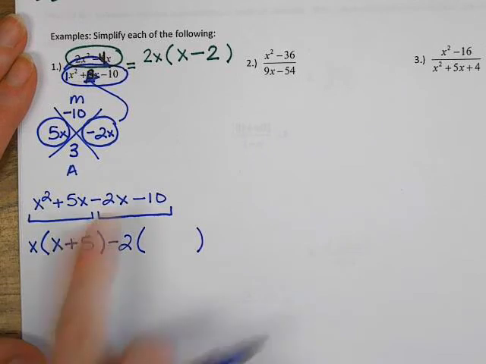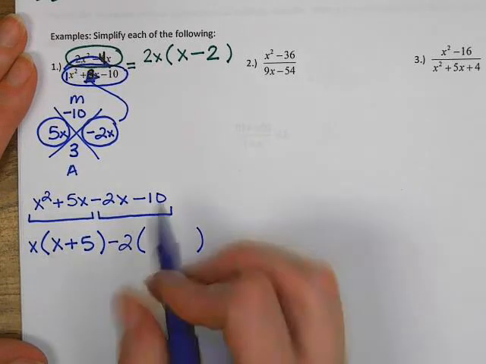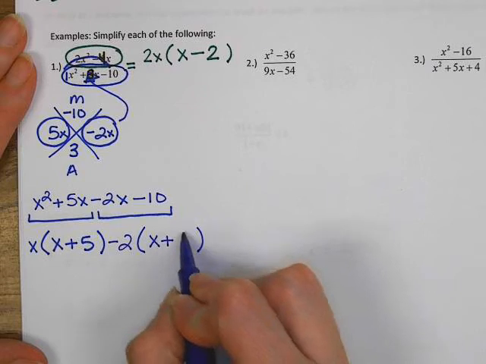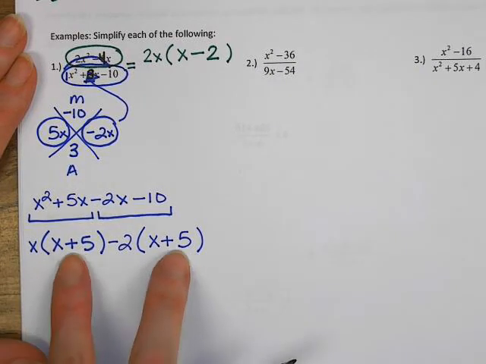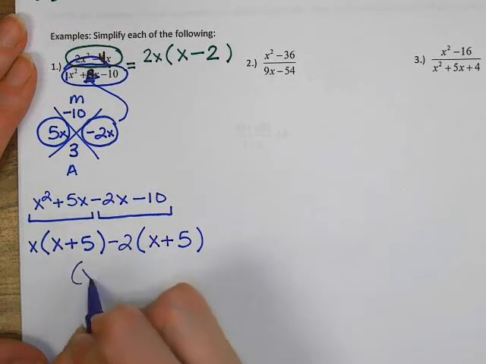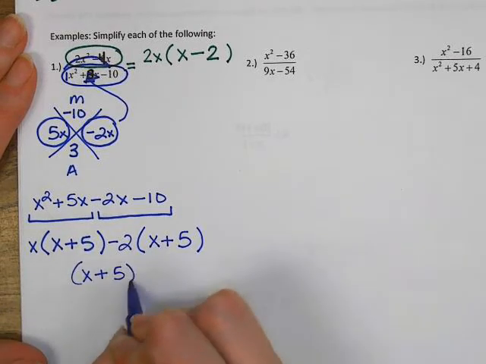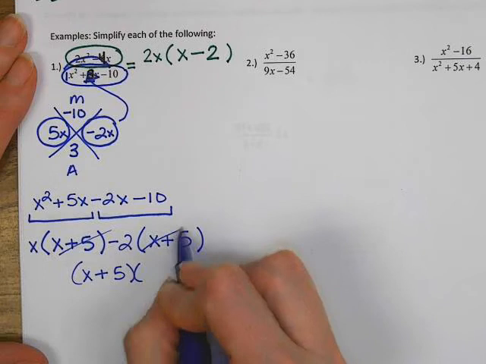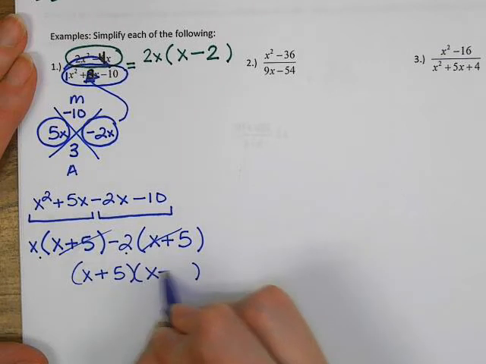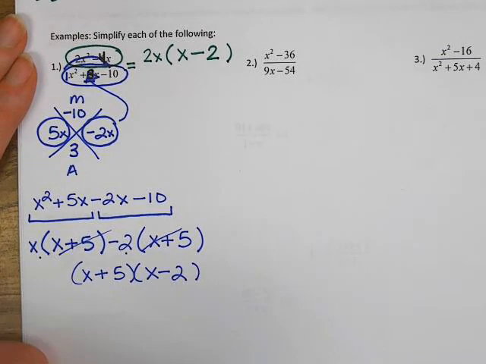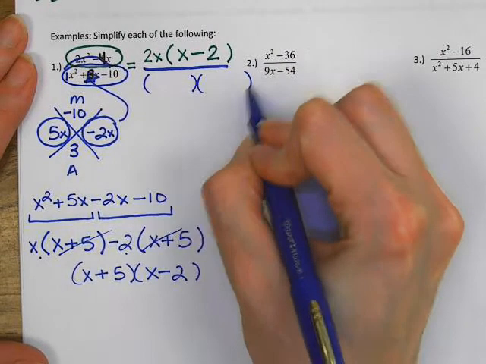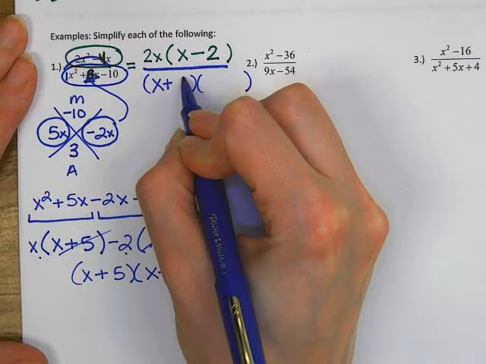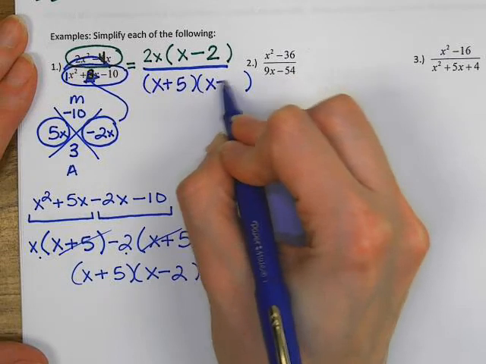And if you divide these both by negative 2, you're left with 1x plus 5. Okay, and then remember, if they have a common factor, you divide that out, and the leftovers go here. So that's what I'm going to write up here. So when we factored this, we got x plus 5 and x minus 2.